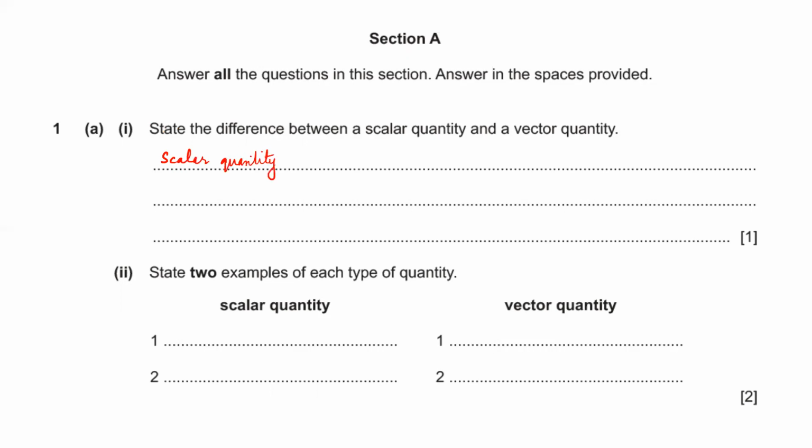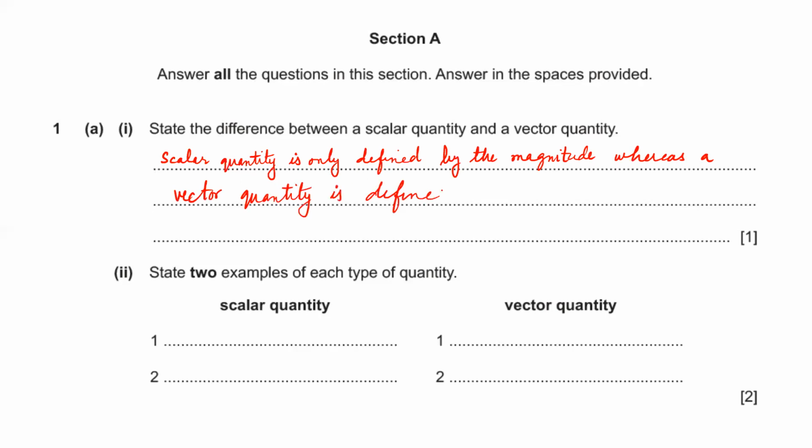quantity is only defined by the magnitude, whereas a vector quantity is defined by the magnitude and direction.